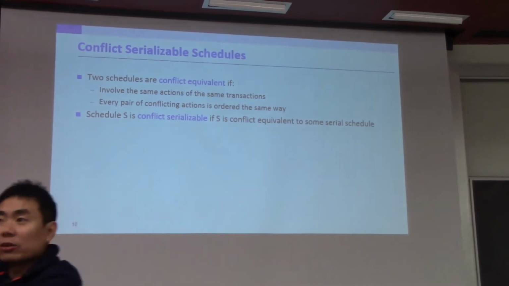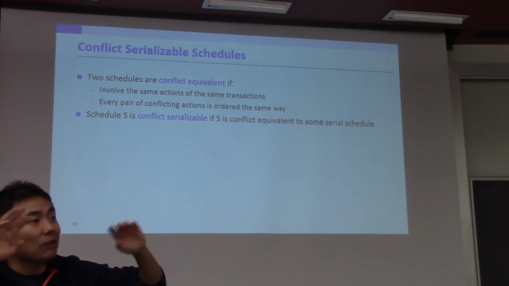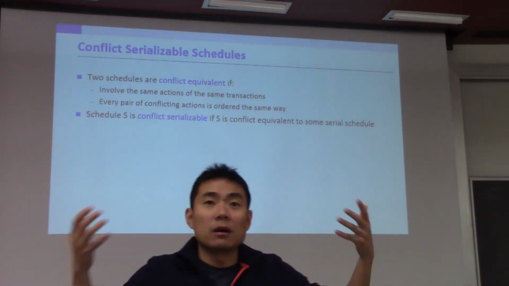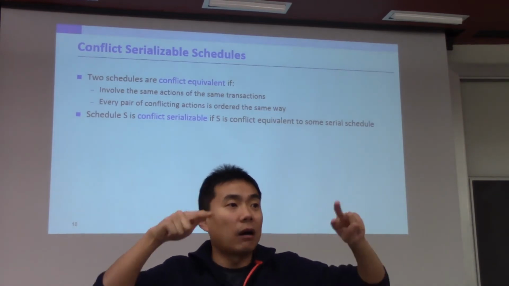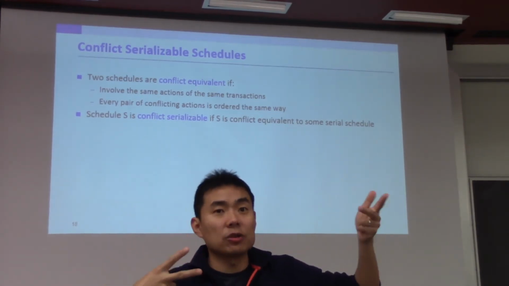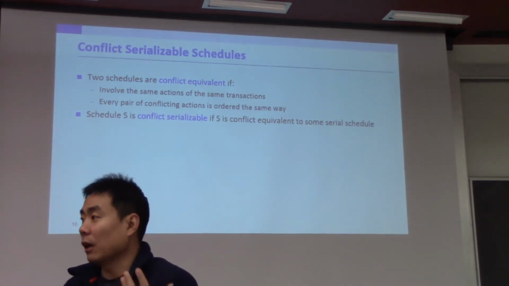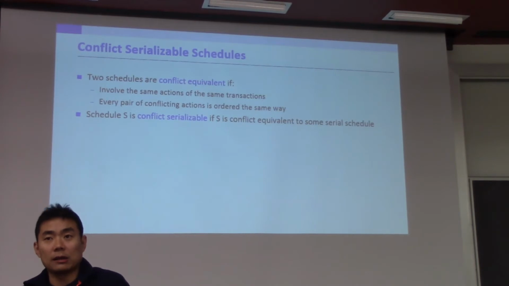In schedule 2, I have action 1 from transaction 1 immediately followed by the action from transaction 3 with nothing in between. Still, that's considered conflict equivalent because they are ordered the same way. It's just the relative ordering of the two. It doesn't matter what happens in between them. Are you all clear on this point?